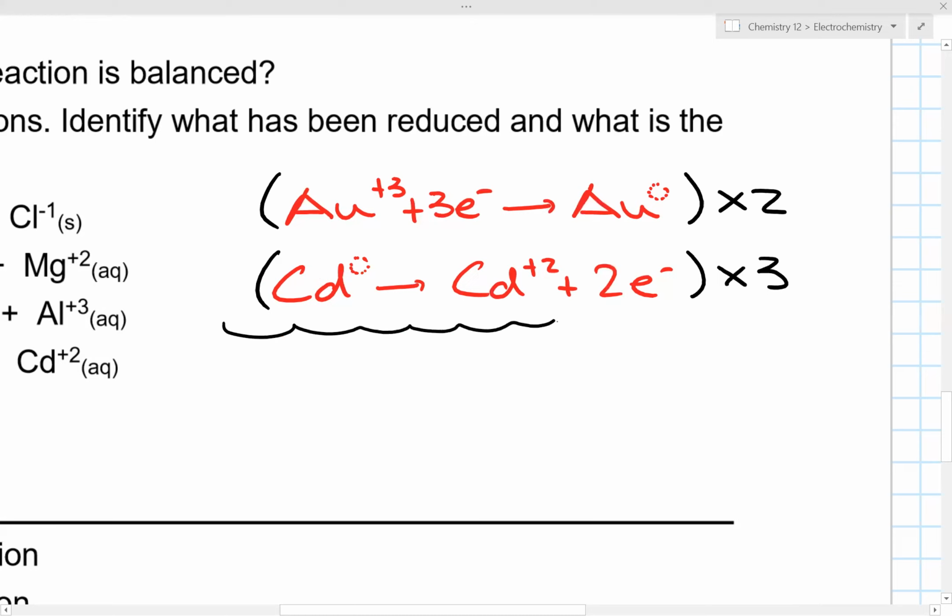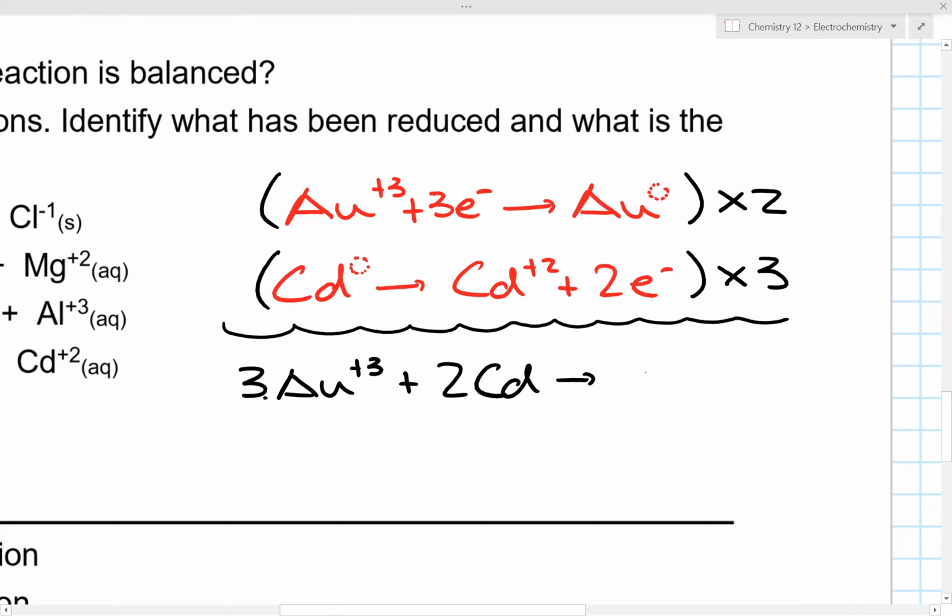And then after we balance those out and combine them, we have 2Au 3+ and 3Cd will give you, oh, oopsie, no, wait a minute, I messed up here. That's okay.